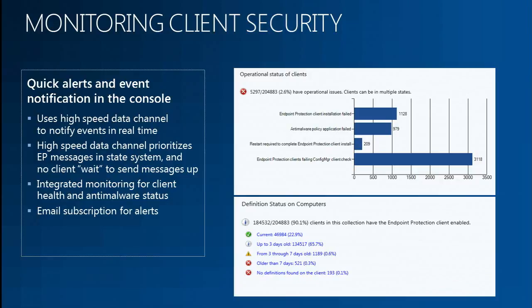So if you have a corporate security team that wants to be aware of malware activity, but you don't really want them in the console, then you could just put their alias as a subscriber to those events, and then they just get the email when that particular malware event occurs. So it's for awareness. There's nothing preventing you, because of the RBA, you could put them in the console, but it's a way to alert people that may not be the one taking the actual action in the console for that event.